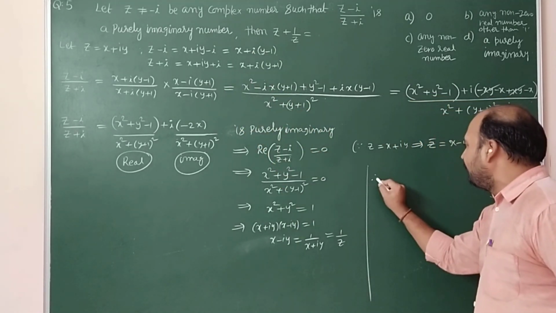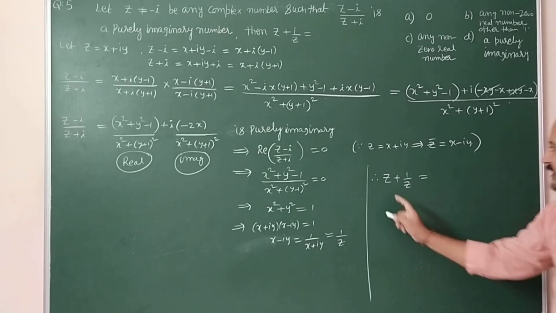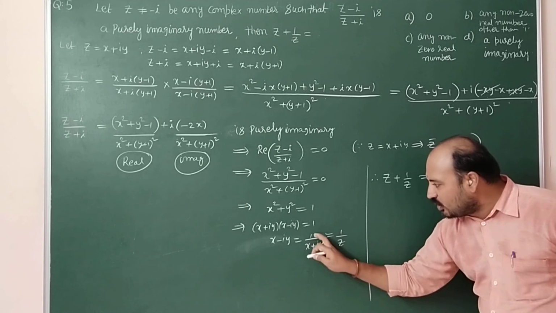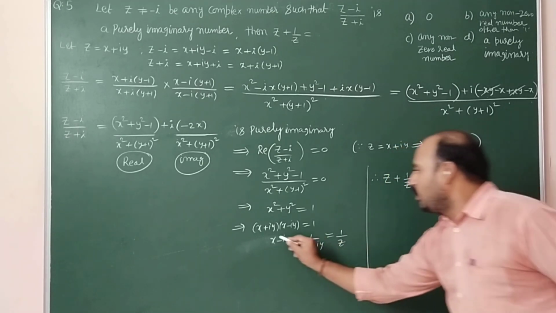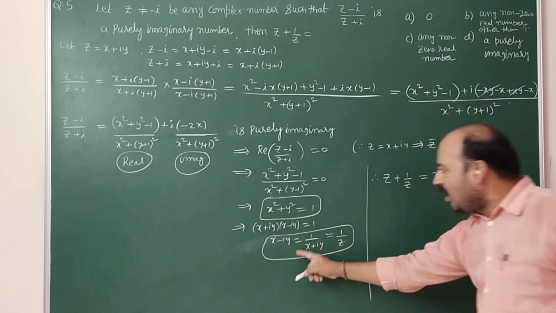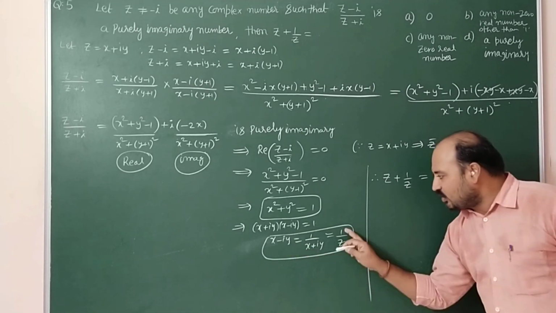Now come to the question. Therefore, z plus 1 by z is equal to: z value is x plus iy, and the 1 by z value is x minus iy. You have to remember this. Based on this concept, we got the value of x minus iy, so x minus iy is equal to 1 by z.